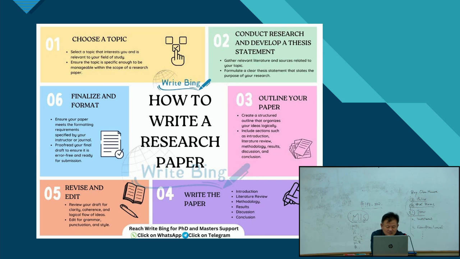The outline includes sections such as the introduction, literature review, methodology, results, discussion, and conclusion. It is your draft to design the shape of the body. Then write the paper, each section. It is just writing. And then revise and edit. It means it's a review.